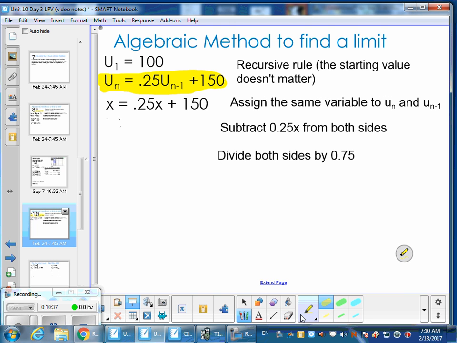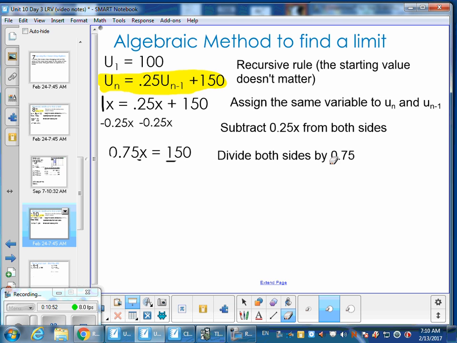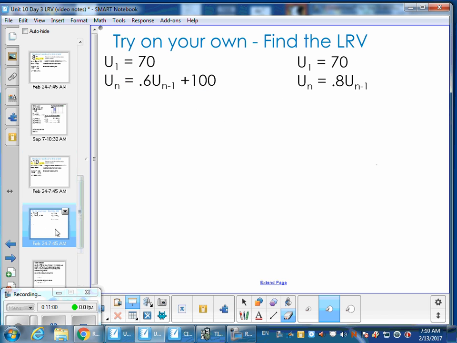And remember, this is a 1x over here. So now I'm going to subtract 0.25x from both sides. And I'm left with 0.75x equals 150. And the last step to solve for x is to divide by 0.75, and I get my long run value of 200. Okay? All right, go ahead and pause the video and try these two on your own.